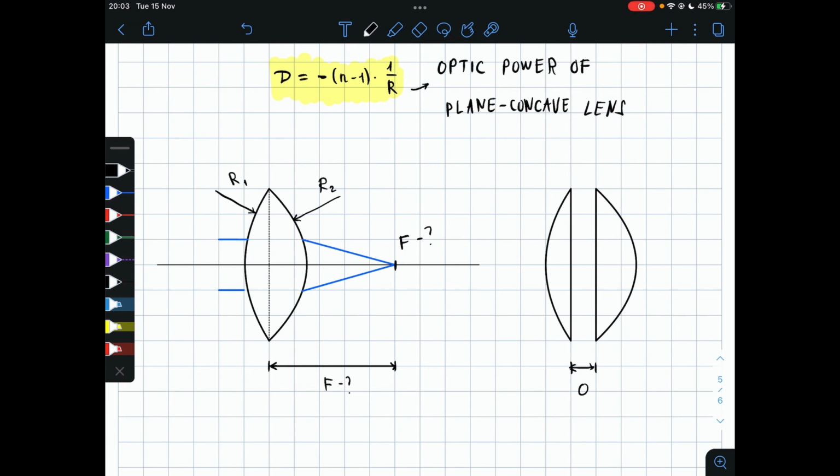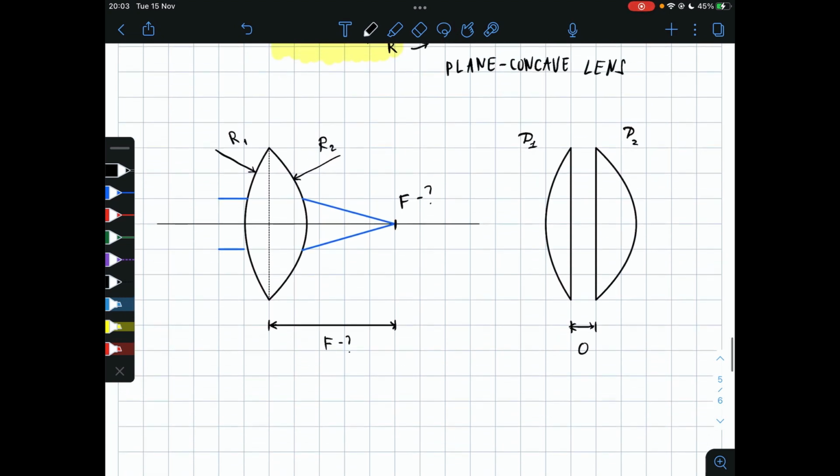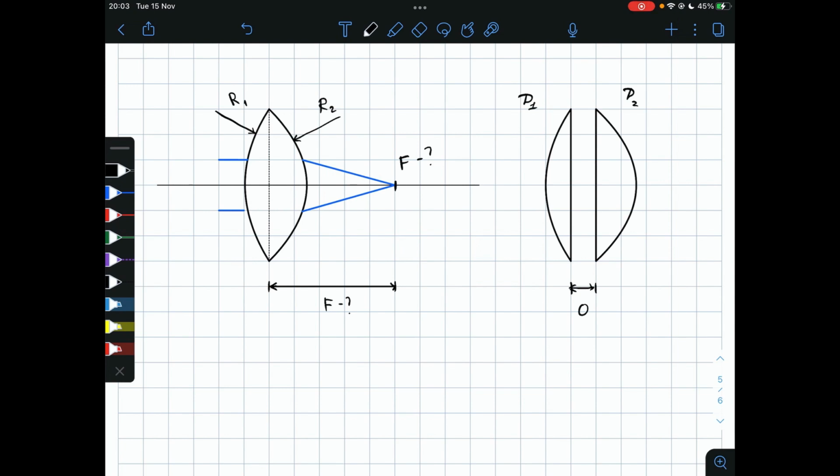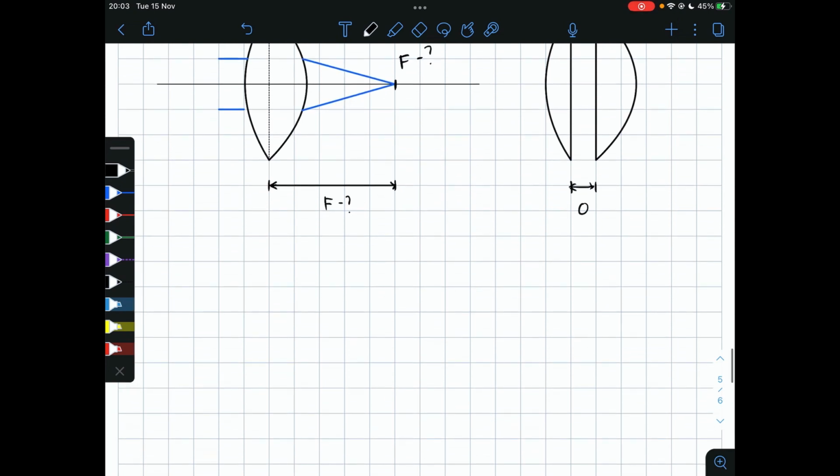So if we say that the first lens has optic power D1, and the second one has optic power D2, the optic power of this system, of these two lenses, if they are very close to each other, D is going to be D1 plus D2. We know that. We proved this formula.